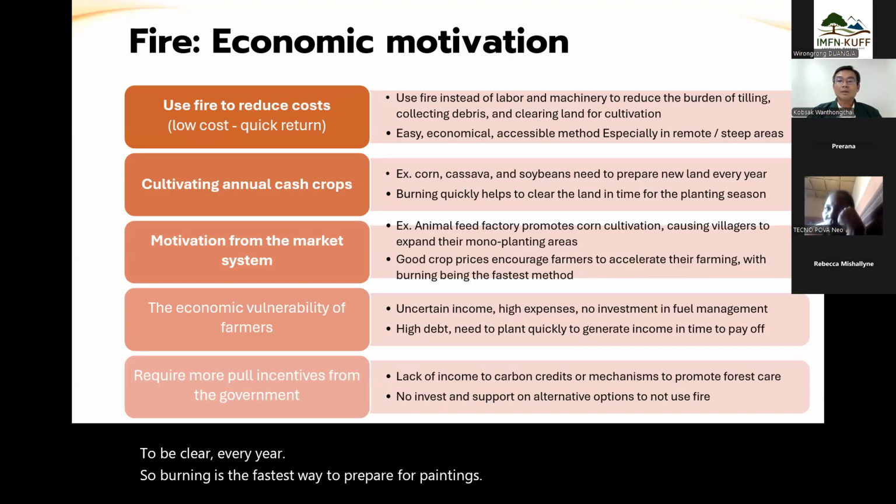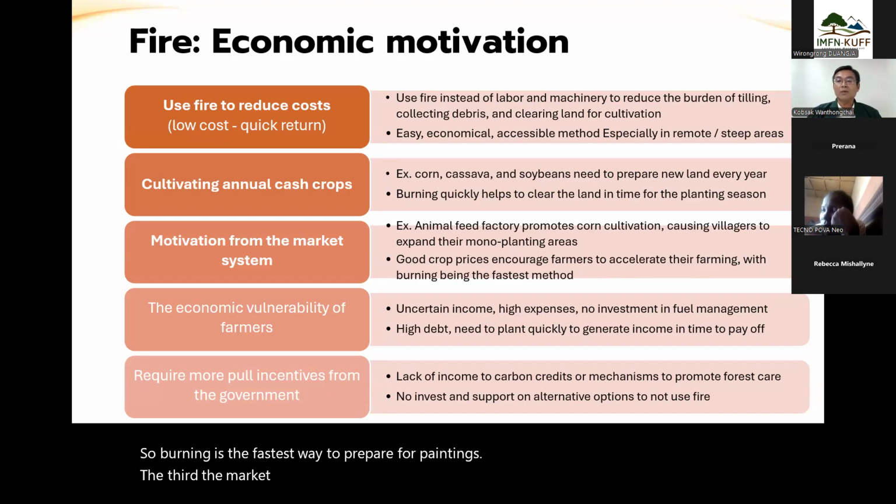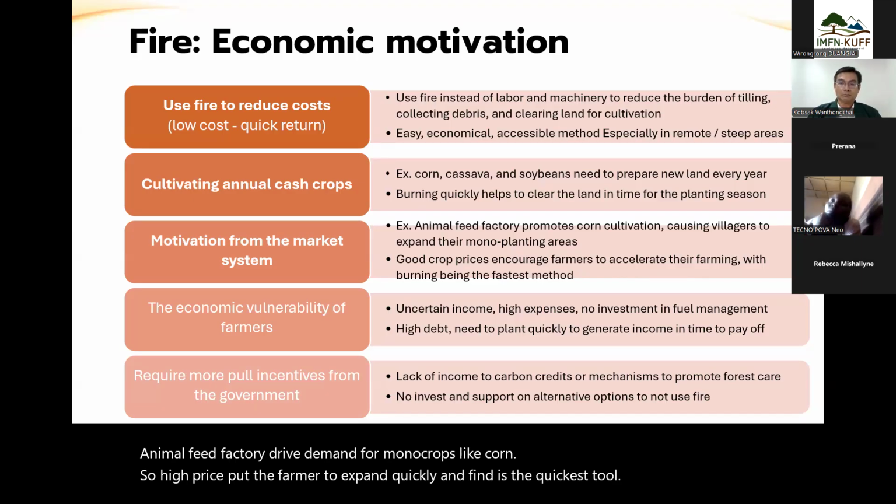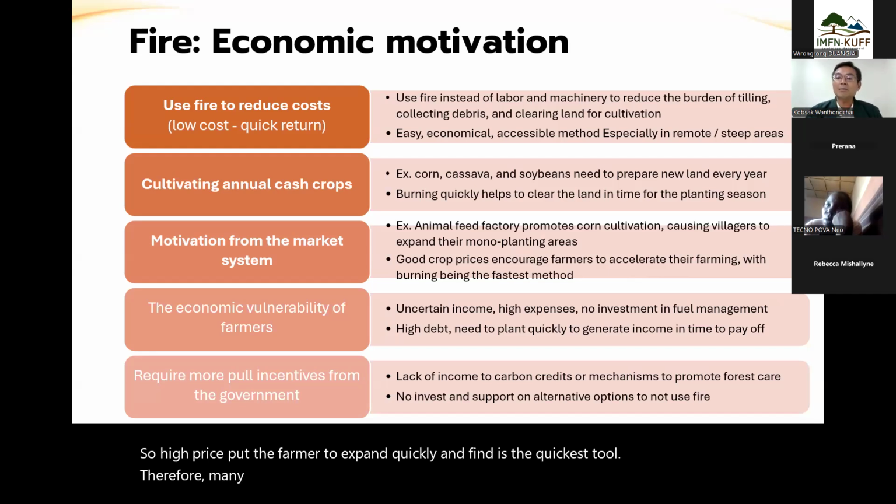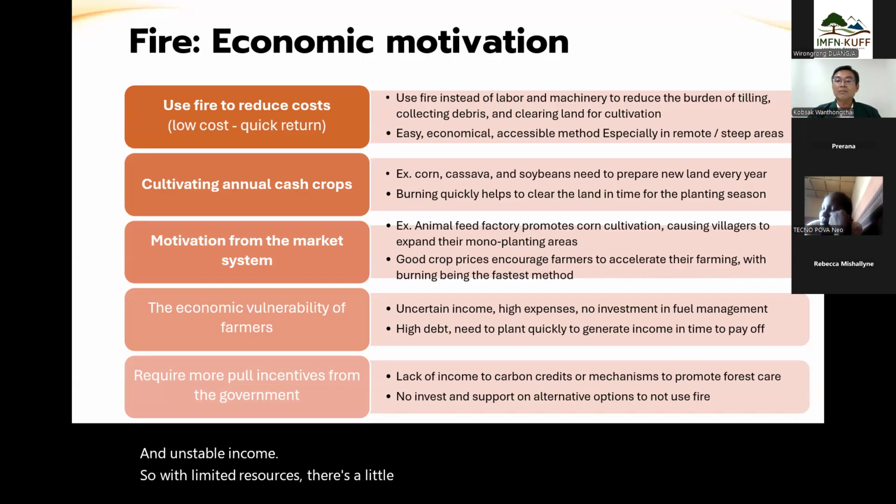The third, the market system adds pressure. For example, animal feed factories drive demand for monocrops like corn. High prices push farmers to expand quickly, and fire is the quickest tool. The fourth, many smallholders face high debt and unstable income, so with limited resources, there is little investment in fuel management or alternatives.